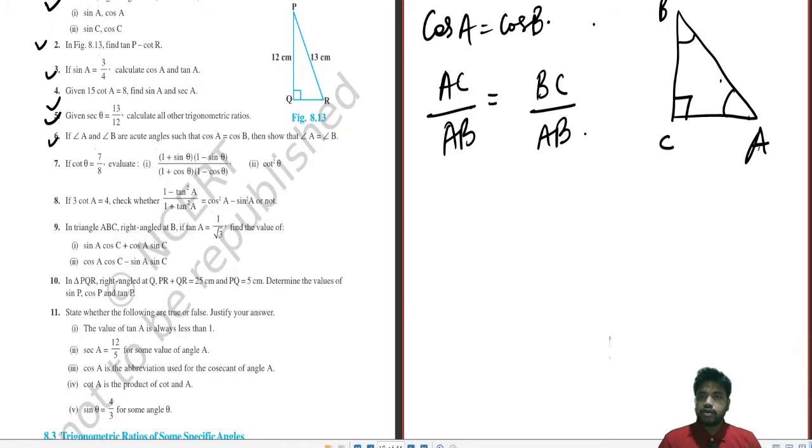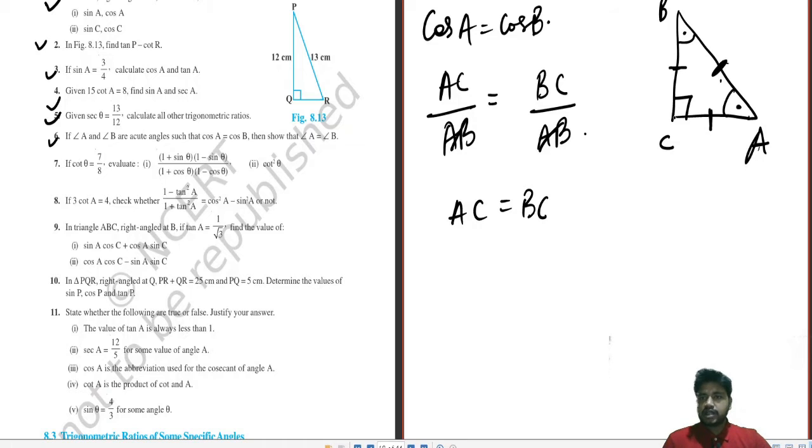Cos A, if this is your angle, this will be your base and this will be your hypotenuse, that means AC by AB. And if cos B is your angle, then BC by AB will be your cos. So now we can eliminate AB. So AC is equal to BC.